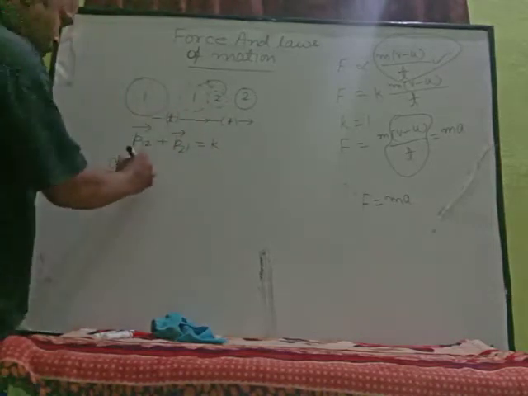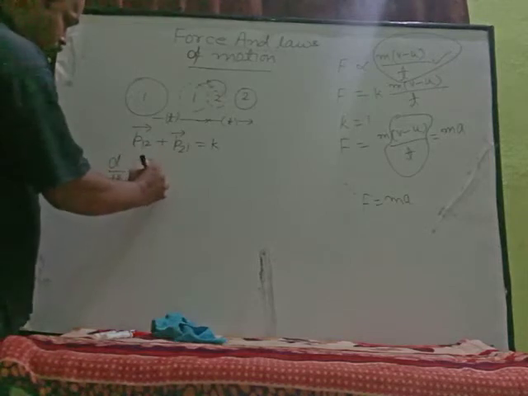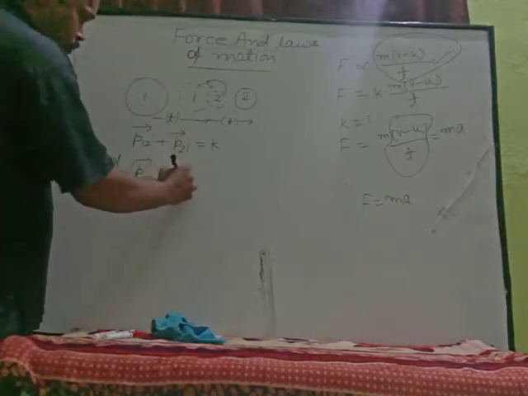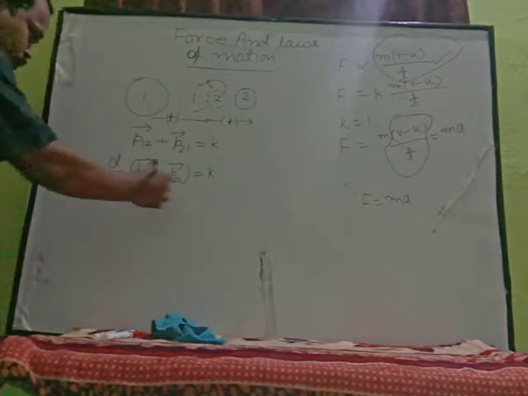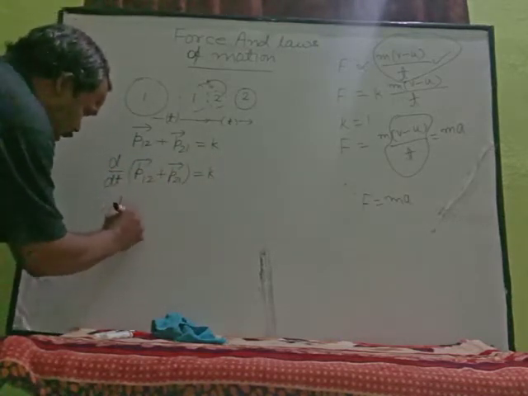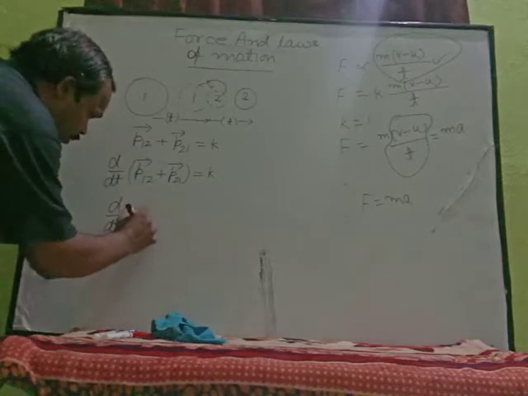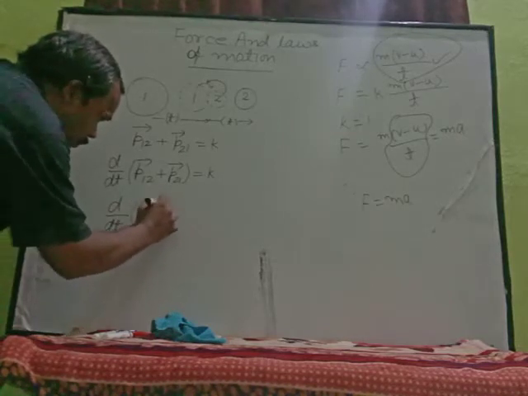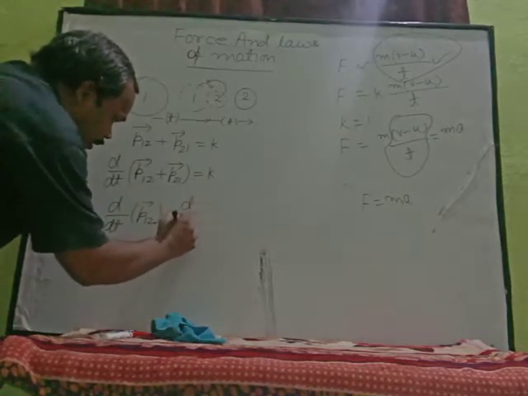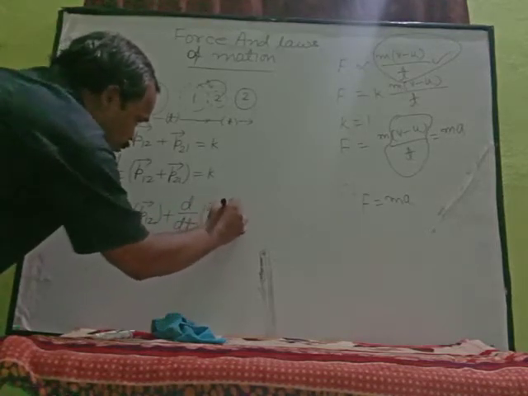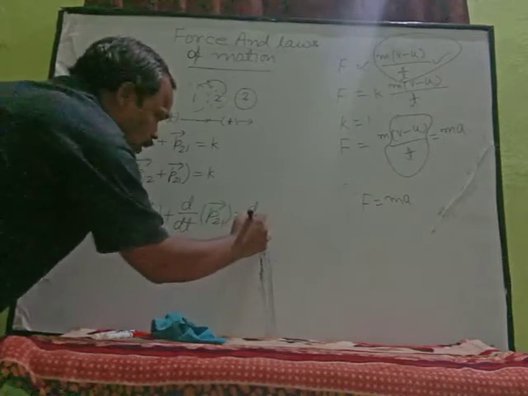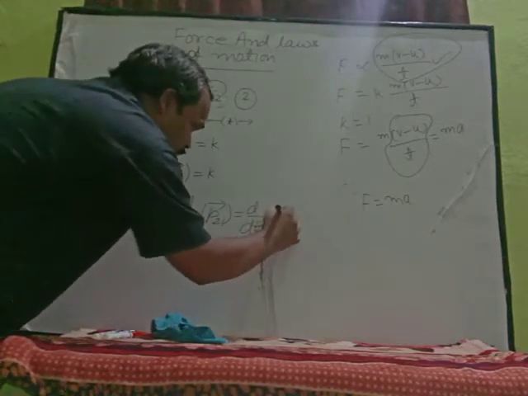So P12 plus P21 equals K. So you differentiate this in terms of time. d by dt of P12 plus d by dt of P21 is equal to d by dt of K.